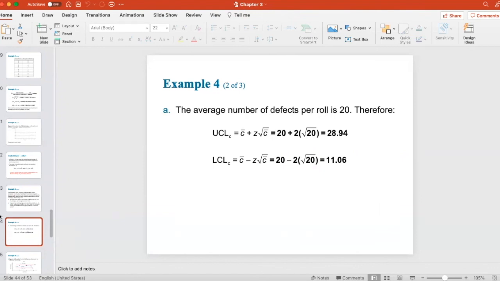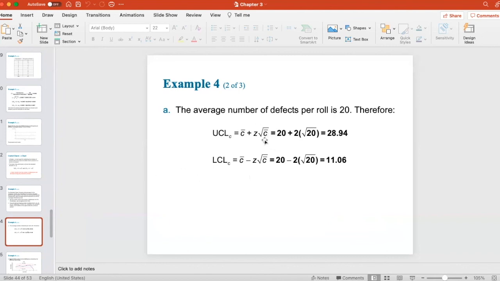That's why within this content I directly tell you the average number of defective parts within every product, which is 20. Since you know C bar, you can calculate the square root of C bar, which is the corresponding standard deviation.